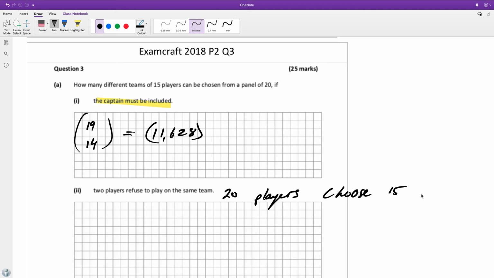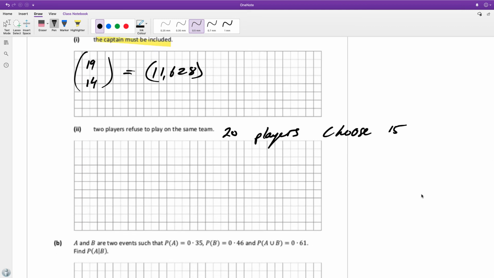And then we also have to think about the 18 players, choose 13, because they're the teams that don't include them. Exactly. So you have 20 players, choose 15, which is 15,504.